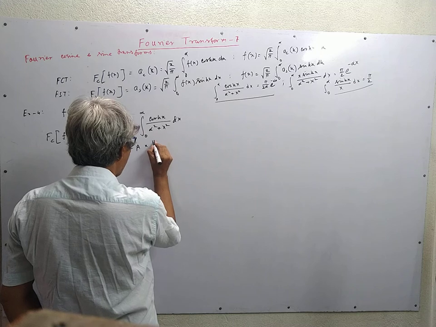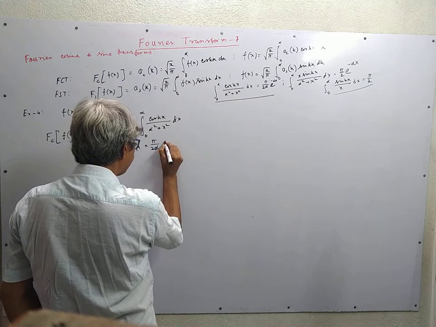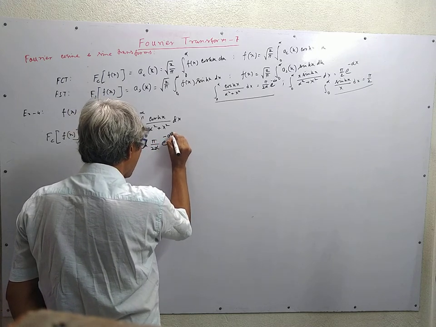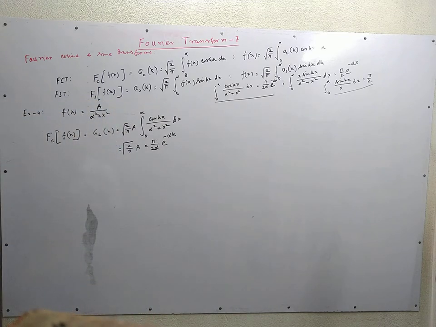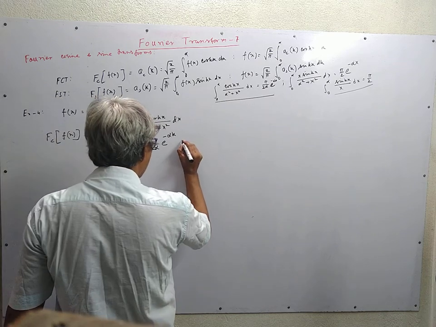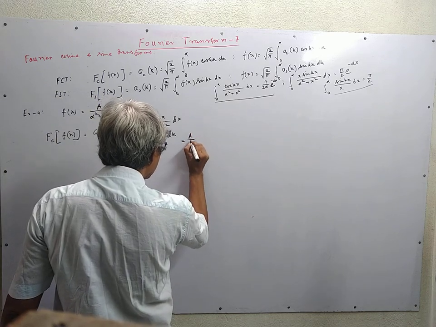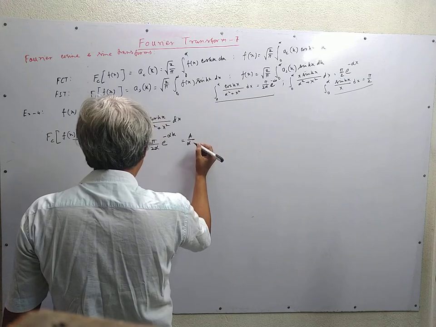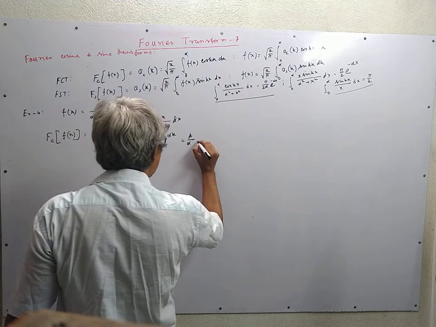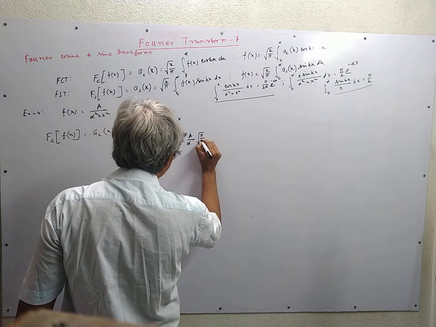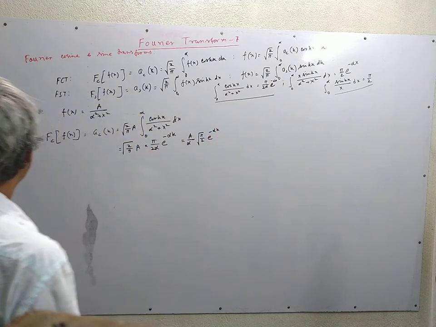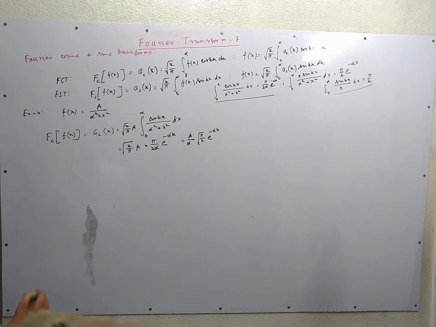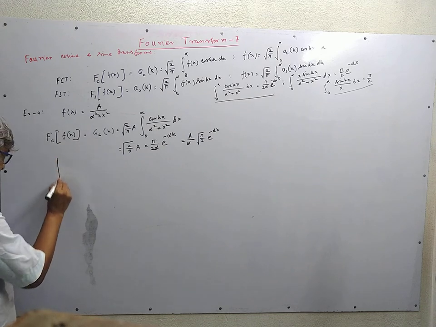It is pi by 2 alpha e to the power minus alpha k. So on simplification, it is a by alpha e to the power minus alpha k. The graph of the function is like this.